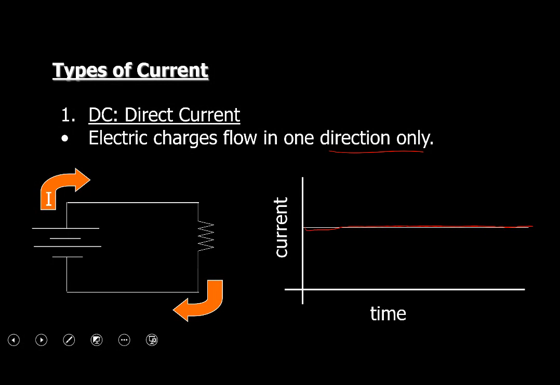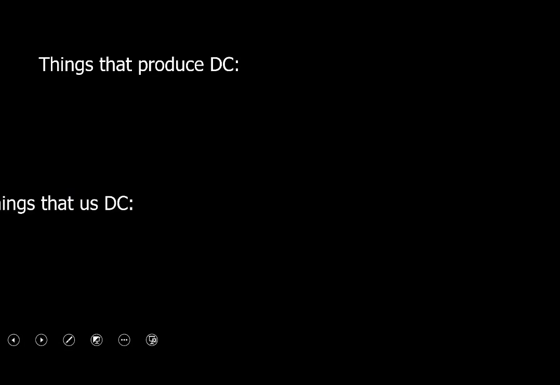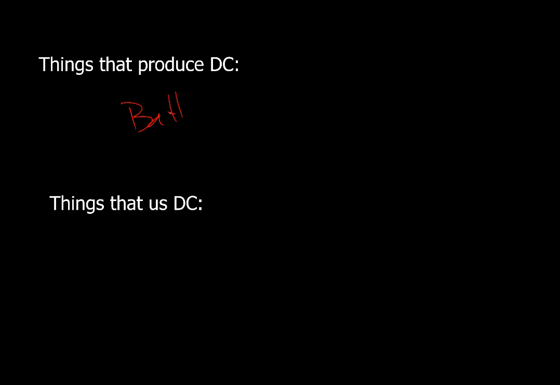As usual, pause this when you need to write something down or think about something. Things that produce direct current are batteries, and things that use direct current are anything that runs on a battery. Your phone runs on a lithium-ion battery. Anything that runs on a battery will work there.